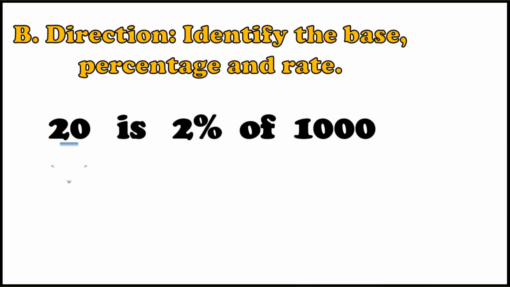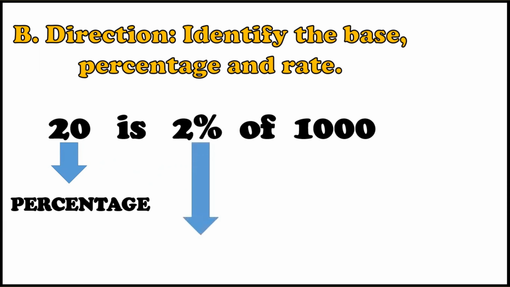So, ang 20 po, class, ay ang percentage. Then, yung 2%, yun yung rate. Basta mayroon siyang percent sign, rate yon. At ang base naman natin, yun yung kabuuan. So, base is 1,000.